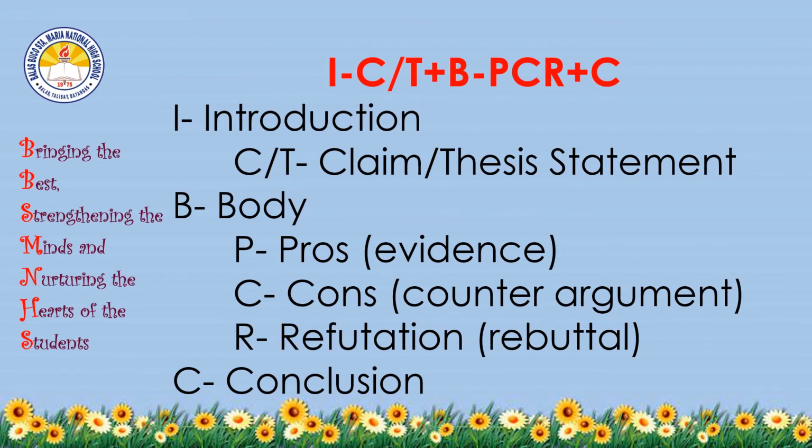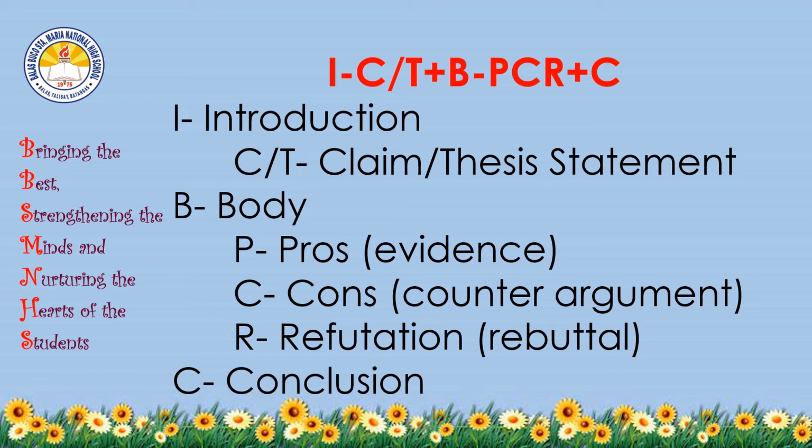We have here the I that covers your C and T, added to letter B with your PCR, plus the letter C, which is your conclusion. So we have this structure: I dash C slash T plus B dash PCR plus C. So first, we have the introduction. Introduction must have the CT.